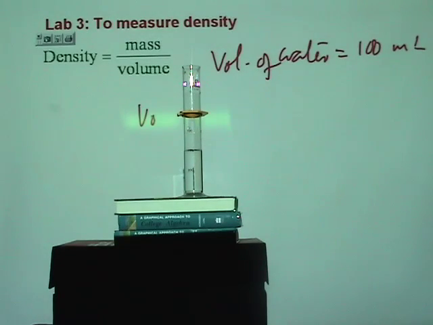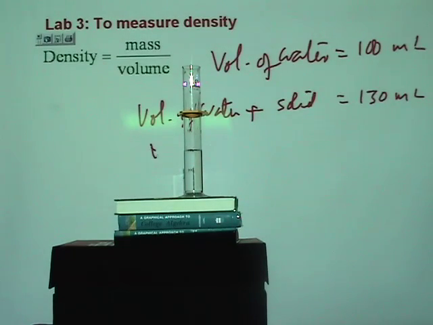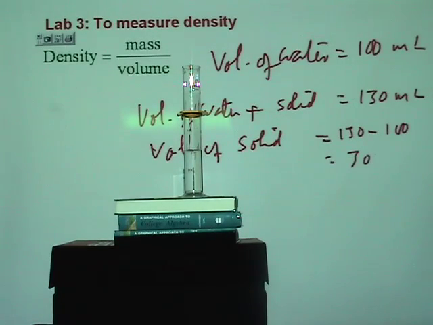Volume of water plus the solid, or the aluminum I have, is 130 milliliter, and therefore what is the volume of the solid alone? It is 130 minus 100, that is 30 milliliter. See, that is the volume.